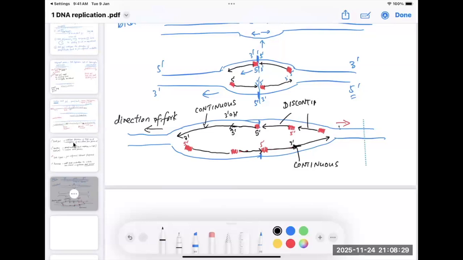So what you notice is if it is going against the direction of the fork, it is always discontinuous. Okay. So the two halves, you must know now, always just look at one half will do. All right, the other half will be the opposite because of the anti-parallel.